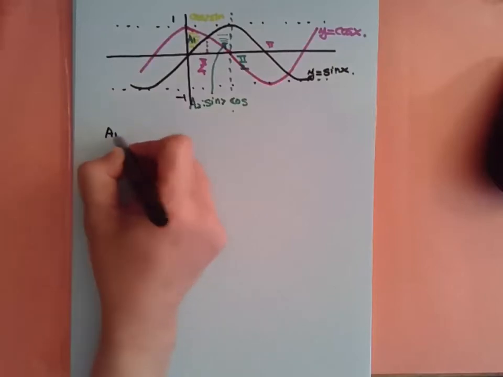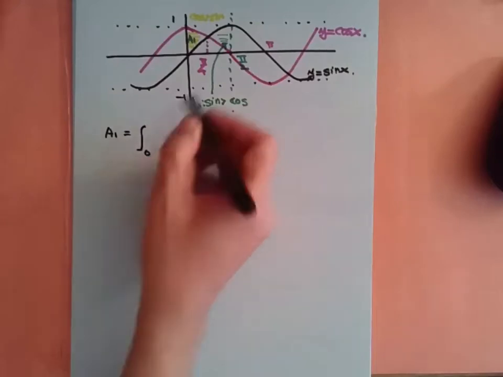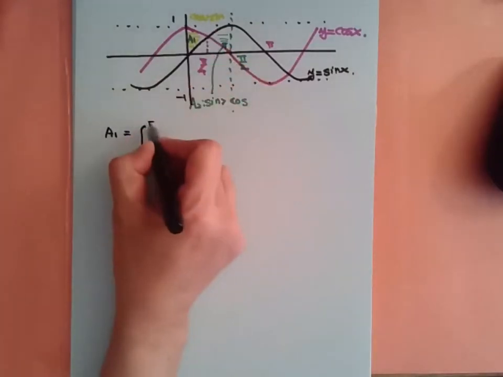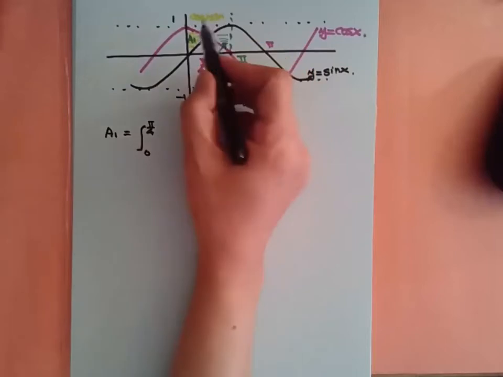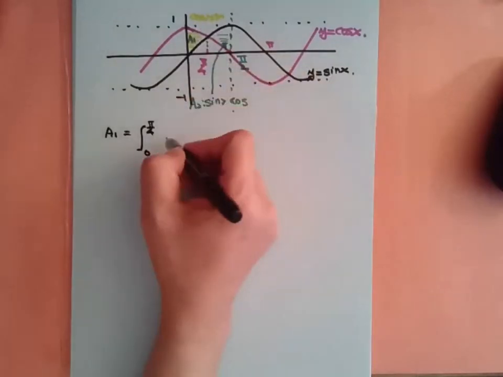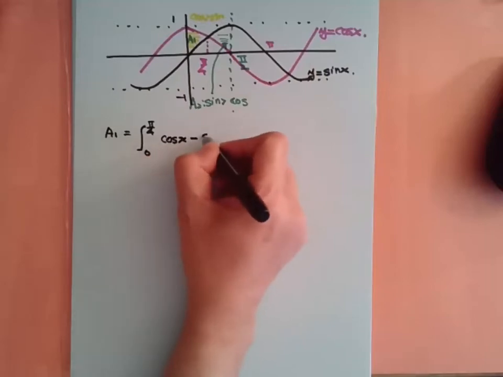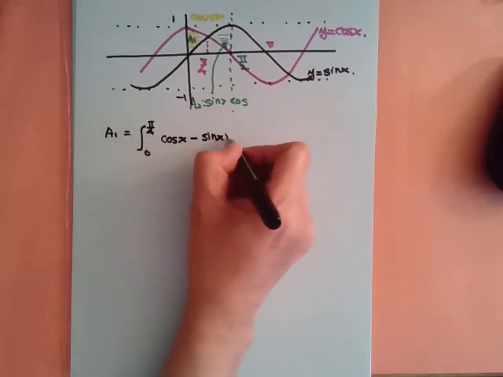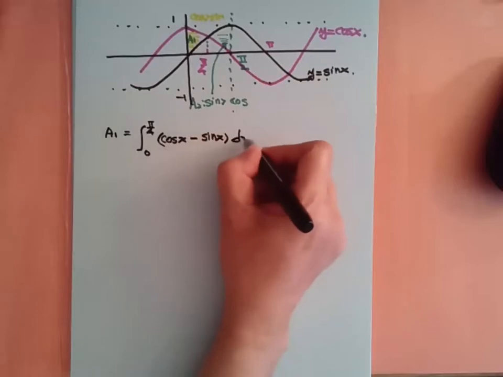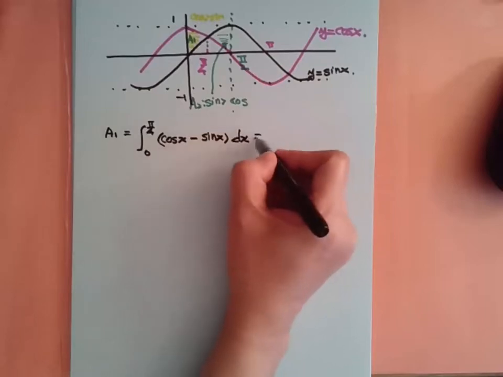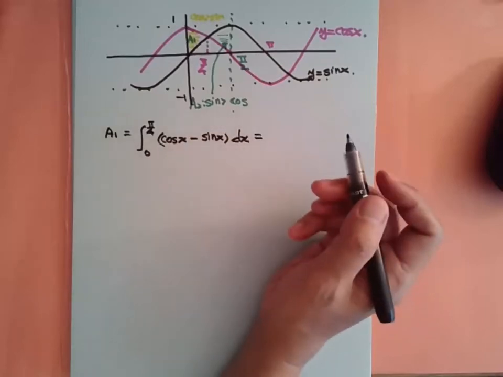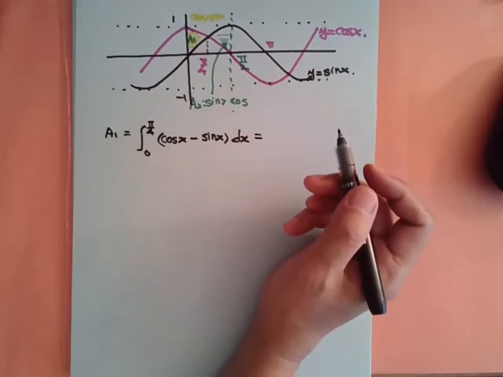Area 1 starts from 0 and ends at pi over 4. I said cosine is larger, so we subtract sine from cosine. So the integral of cosine x minus sine of x dx. We integrate separately.